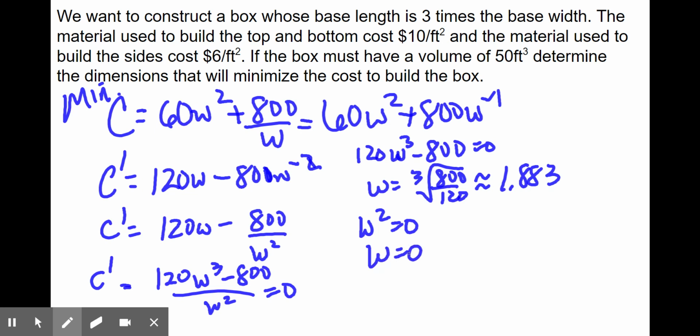Now, here's the thing about optimization. The nice part about word problems is W equals 0 makes no sense. There's no way that's going to be the answer, because then you won't even have a box, right? If there's no width, you only have a 2-dimensional shape. You don't have a cube or a box, whatever it may be. So this is my only critical number.